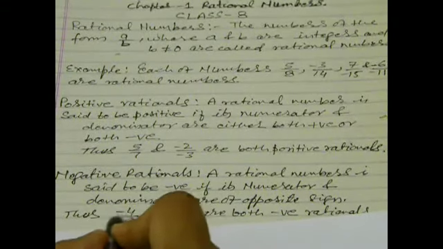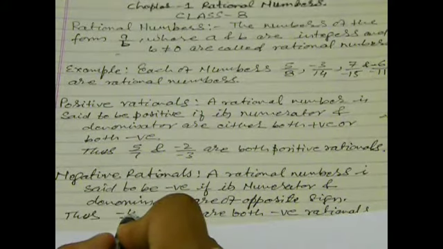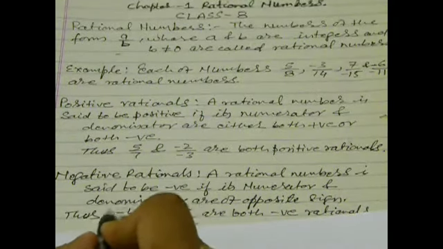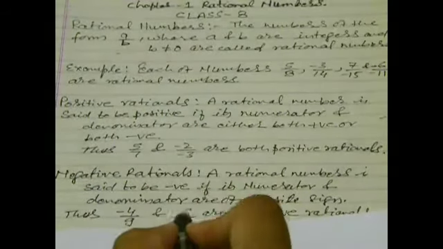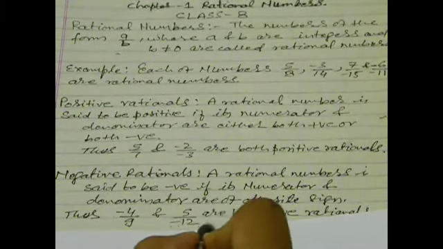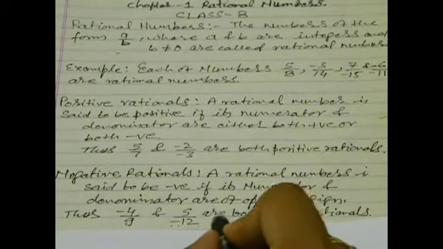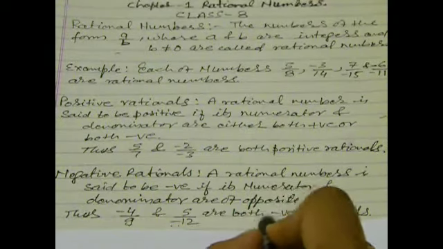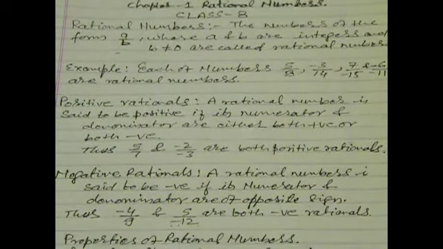Thus, in the first number, minus 4 by 9, minus 4 is the numerator, which is negative, so the overall value of this number is negative. And in the second number, 5 by minus 12, the denominator has the negative value. So both these numbers are negative rationals.